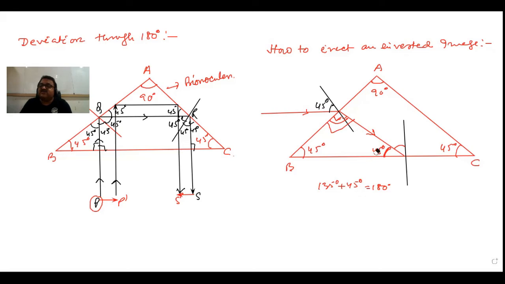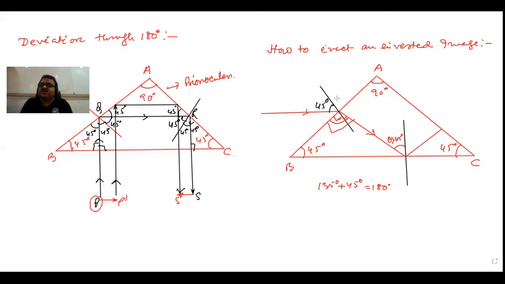So if it is less than 45, it is quite clear this angle of incidence is more than 45. Clear? Here, this is more than 45. So what will happen? Angle of incidence is more than 45. That means it is more than the critical angle. So TIR will take place. Okay, TIR will take place.